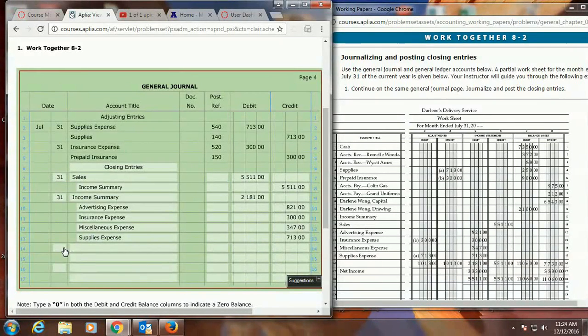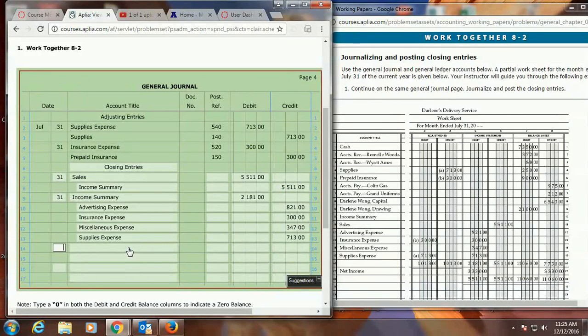And if I continue on, I'm going to also close out my income summary account now. It's going to have a balance of $3,330, which is basically your income summary credit minus this debit, and we're going to subtract that out.